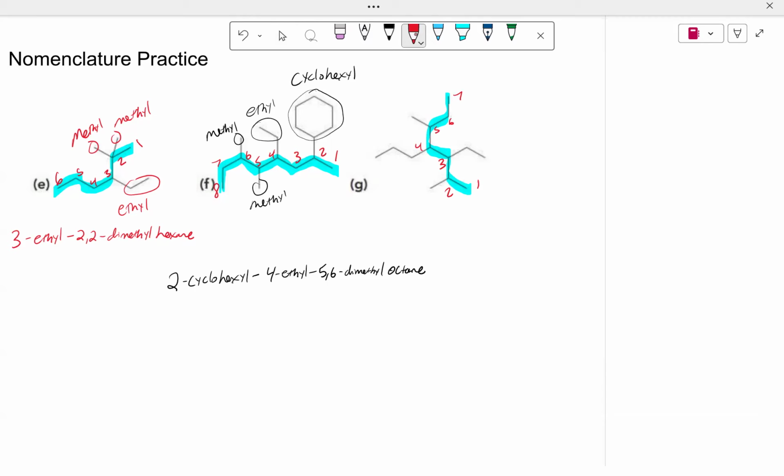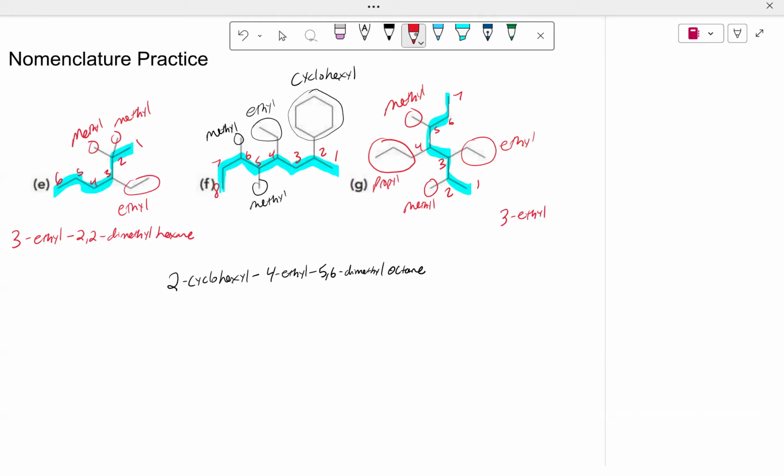So let's see. On 2 and 5, well, actually, let me just label these. So we have an ethyl here, and then there's a methyl here. This is a regular propyl group, and then this is another methyl. Okay, so ethyl comes first in the alphabet.